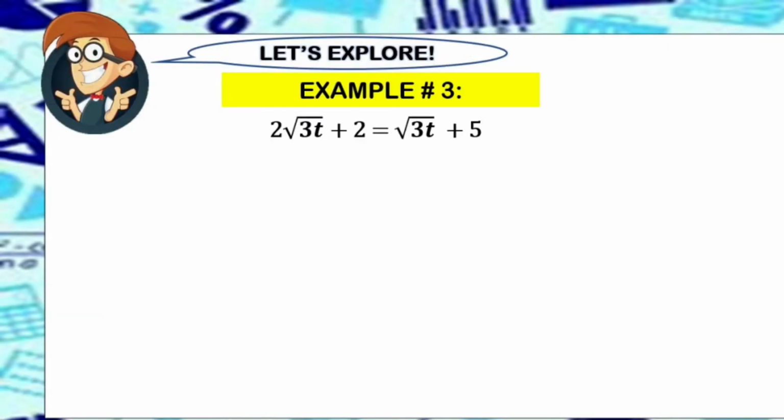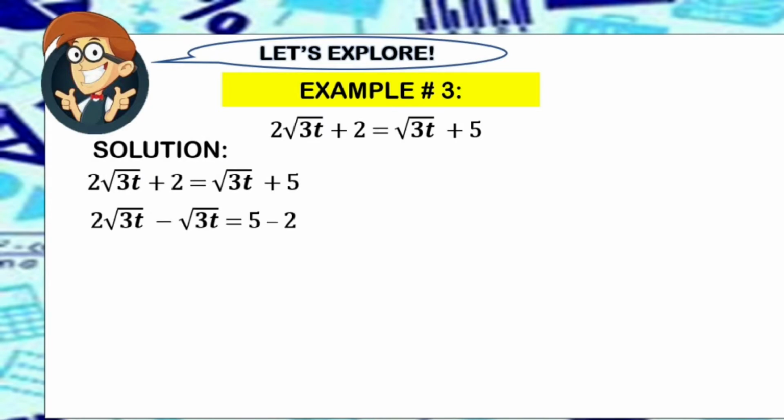For our third example, we have 2 plus square root of 3t is equal to square root of 3t plus 5. To solve the given problem, we add negative square root of 3t on the left side and negative 2 on the right side of the equation.